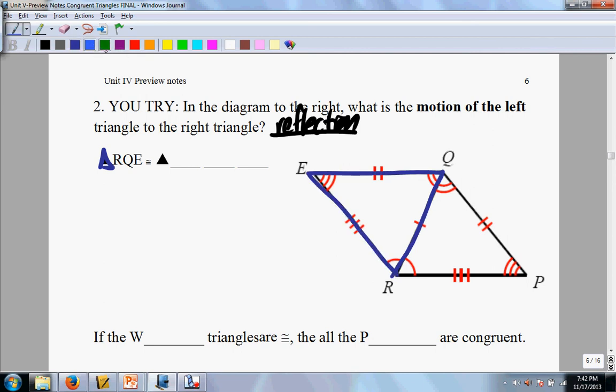Watch those hatch marks. R is single sweep. In this case, Q is double sweep, and then E is triple sweep. So you must go in that order. So looking at this other triangle, the single sweep is going to be R, the double sweep is going to be Q, and then the triple sweep here is going to be P.